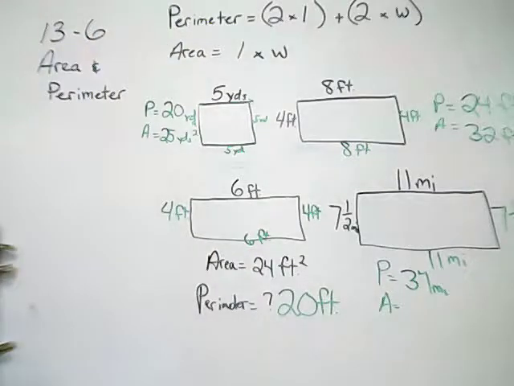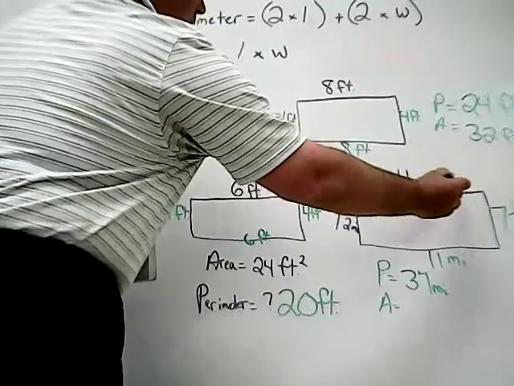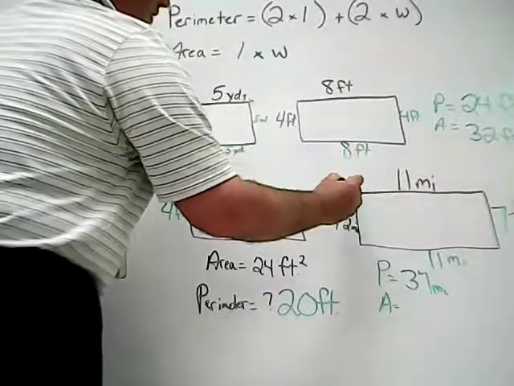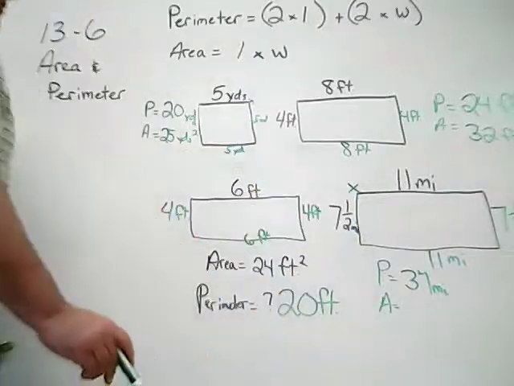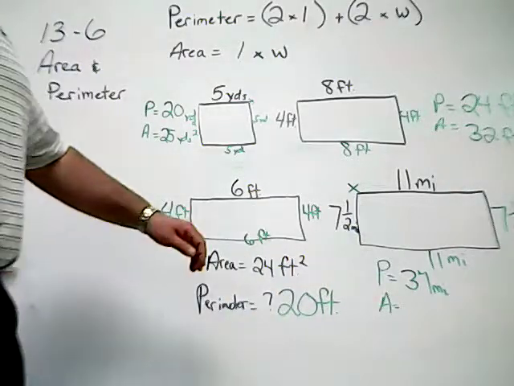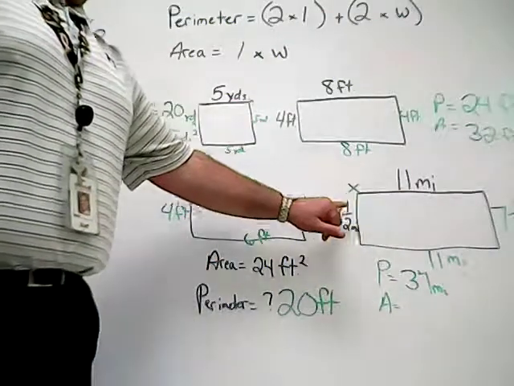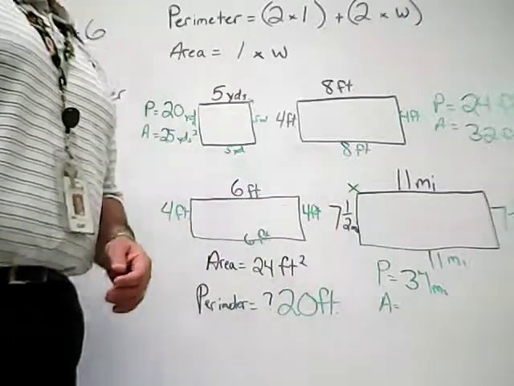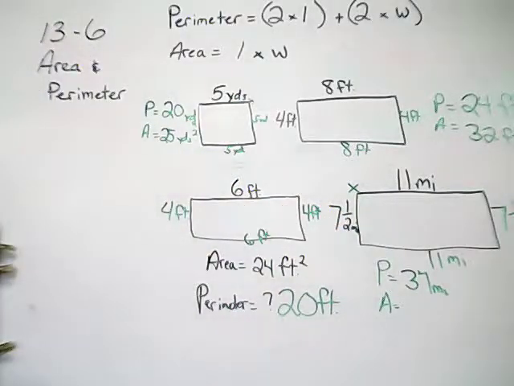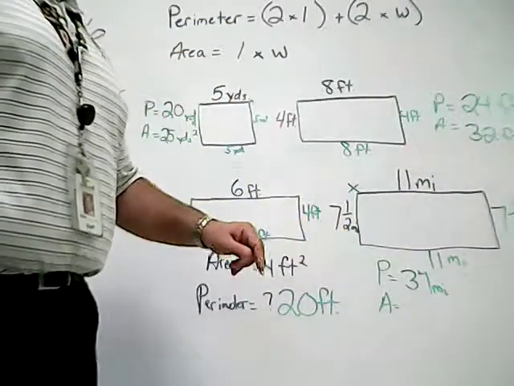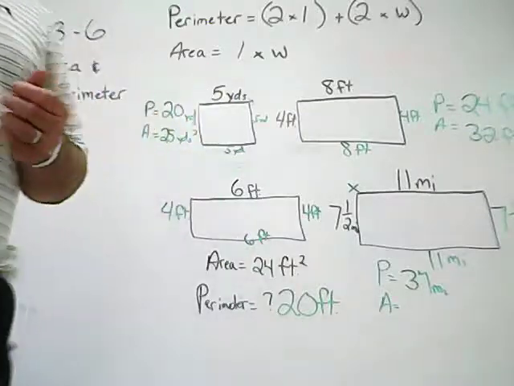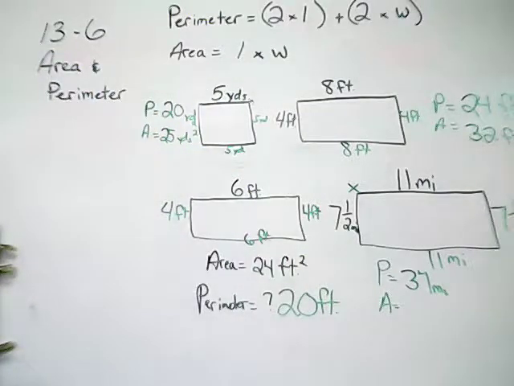Now my area. What I'm going to do is multiply my top number, 11, times one of my side numbers, 7.5. When I do that, 11 times 7 is 77. When I do 11 times 1/2, what's half of 11 is what you need to ask yourself.